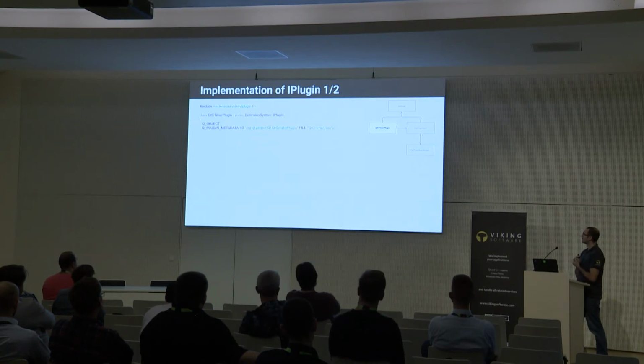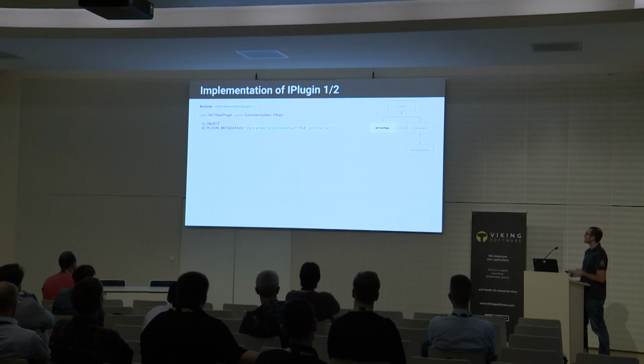First, the plugin class. This is the one which is implementing the IPlugin interface. And of course, you need to include the right header file. And you need to include the QObject and Q_PLUGIN_METADATA macros. Those are automatically generated.